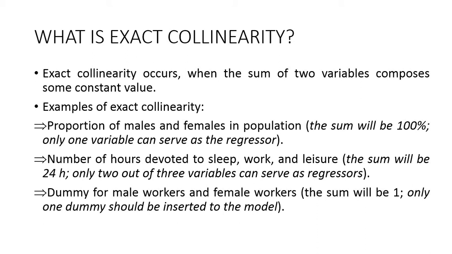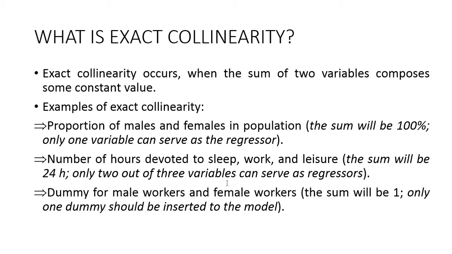I believe it's kind of intuitive, because when the worker is male, automatically the worker is not female. So you will have 1 for male dummy and 0 for female dummy, and vice versa. If the worker is female, you have 0 for male dummy and 1 for female dummy.